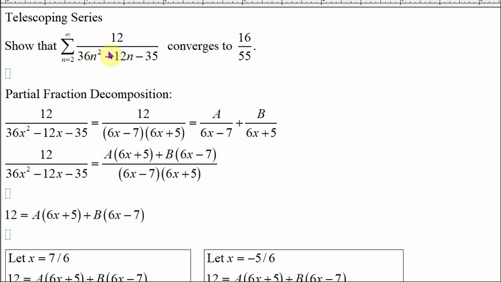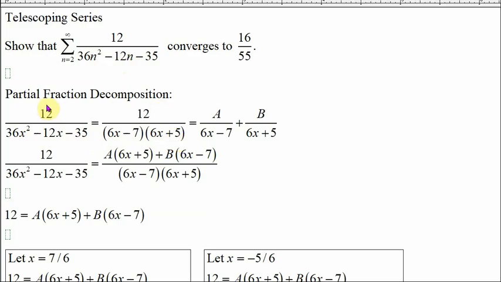So first we need to decompose the expression 12 over 36n squared minus 12n minus 35. So the equivalent expression is 12 over 36x squared minus 12x minus 35. The factors are 6x minus 7 and 6x plus 5.